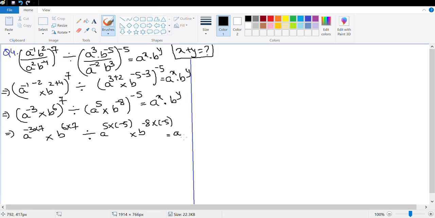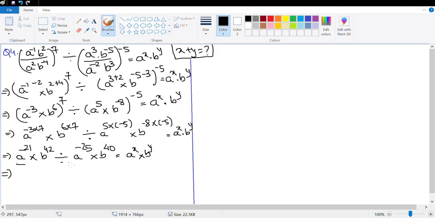That's a to the power negative 21 multiplied with b to the power 6 into 7, that's 42, divided by a to the power negative 25 multiplied with b to the power negative 8 into negative 5, that's 40, is equal to a to the power x multiplied with b to the power y.